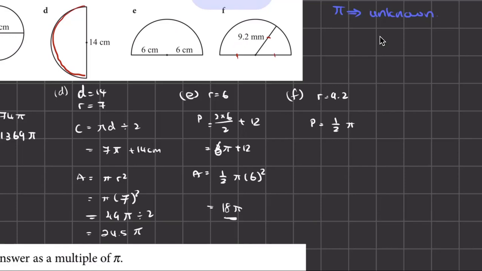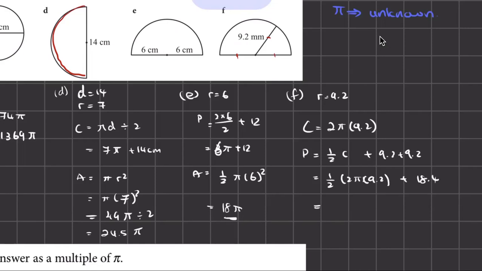So circumference is equal to 2 pi 9.2. And now we need to find perimeter, which is half a circumference plus 9.2 plus 9.2. Half of 2 pi 9.2 plus 18.4. So we get 9.2 pi plus 18.4.